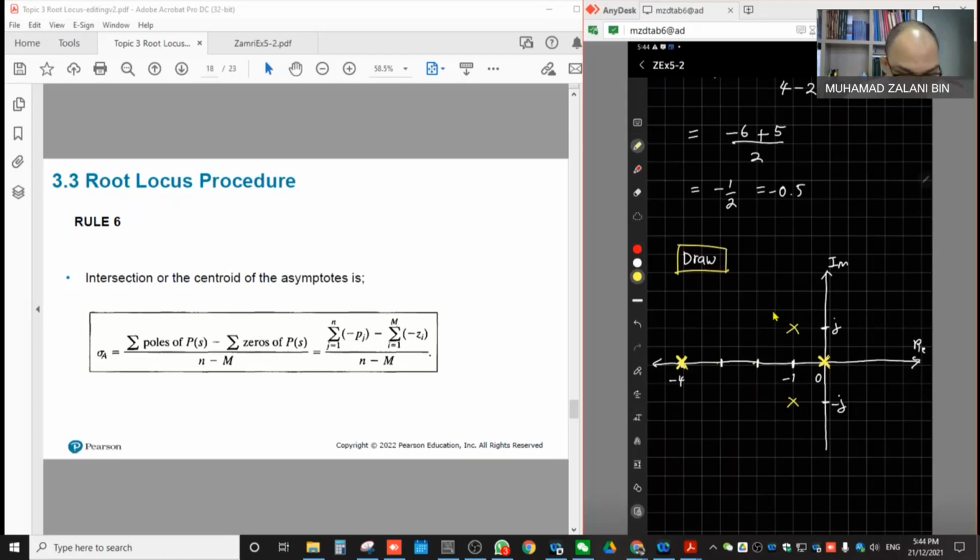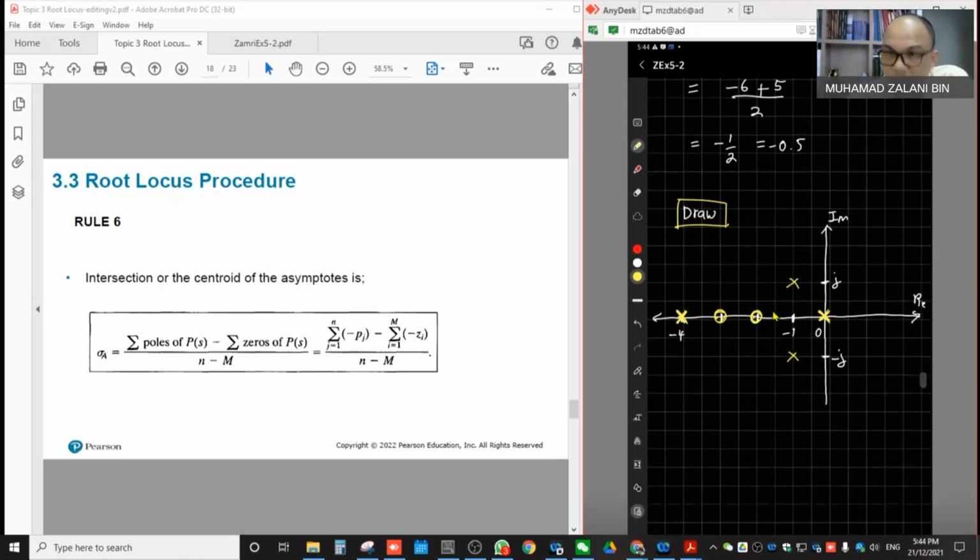So at -2 and -3. Where is -2? Here. And -3 there. Okay. Now we have drawn all of the poles and zeros locations on this s-plane. So you can have a check.